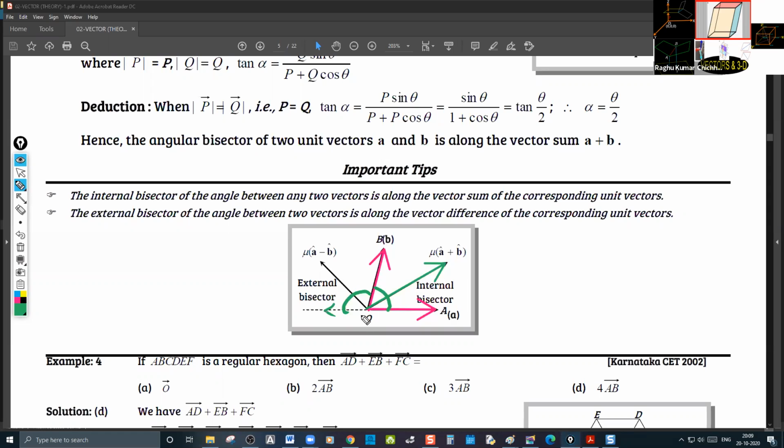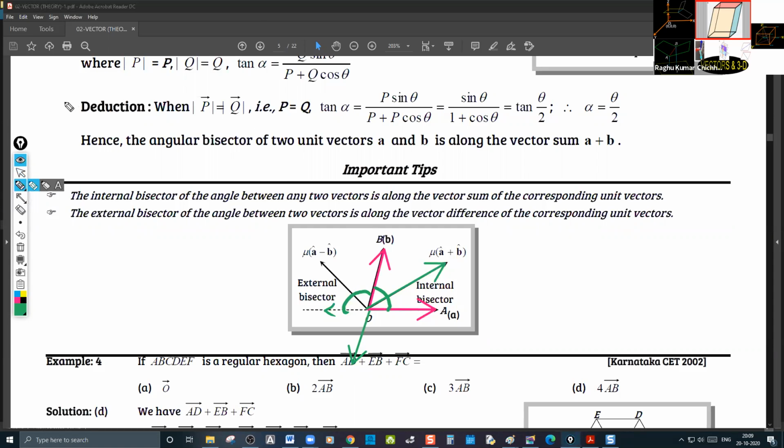This is one direction. This is another direction. Then you can say, this is A bar, this is B bar, and the unit vector along the internal angular bisector is A cap plus B cap. So the unit vector along the external angular bisector is A cap minus B cap. Understand this carefully, please.